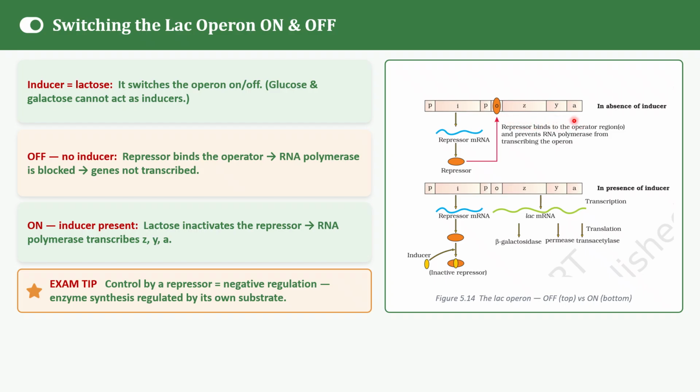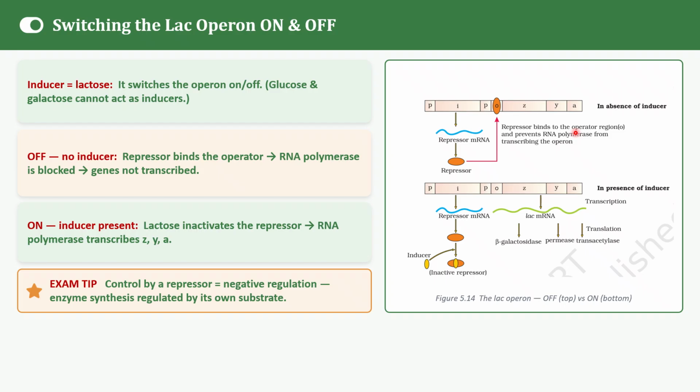These are the structural genes. So when lactose is absent, the active repressor produced by the I gene binds to the operator, the RNA polymerase cannot transcribe, and the Z, Y and A genes remain off.